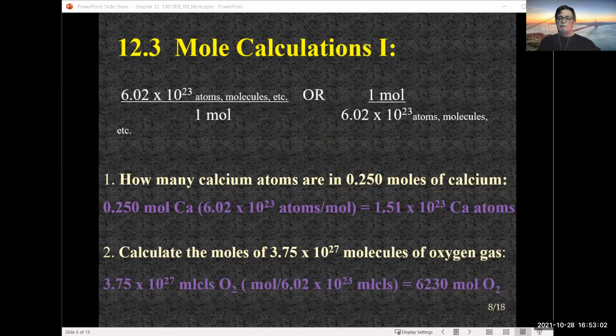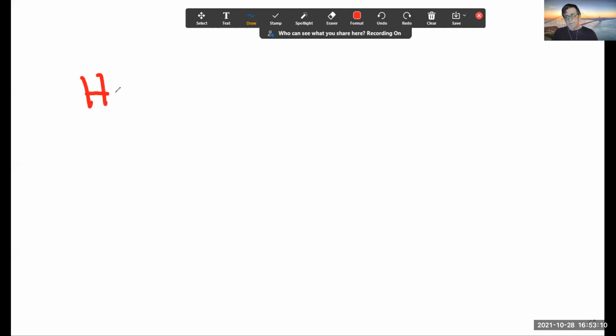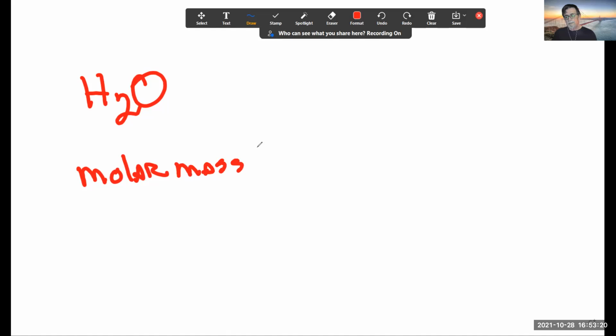All right, here's some food for thought. Working with moles, let's take the formula H2O. How do we calculate the molar mass for H2O? What do we do?